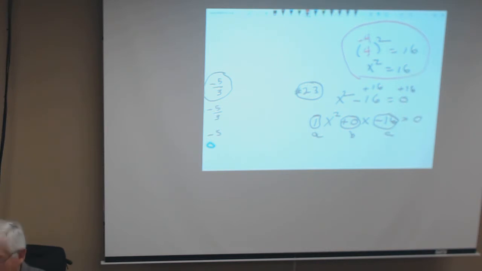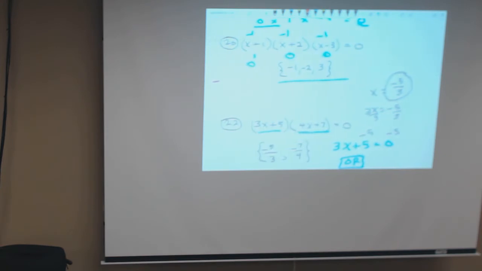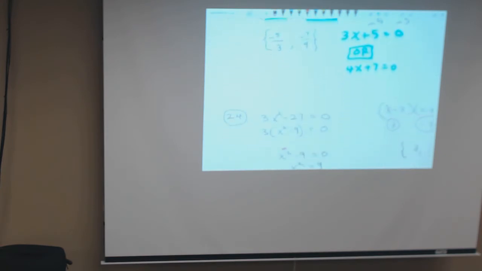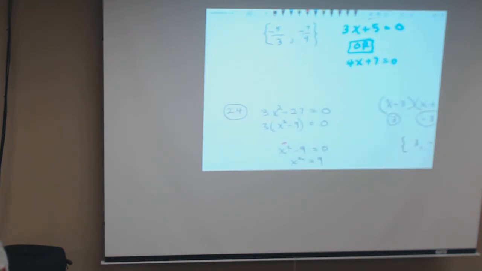You say, yeah, it is if you recognize that this is a perfect square. So if you notice that the number that's standing over there by itself is a perfect square, then you're going to be able to work it out. Like number 24, 3x squared minus 27 is 0.